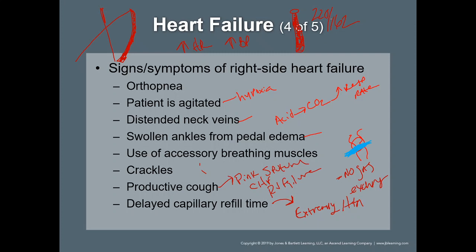And that's common. That's a common blood pressure for someone with right-sided failure. And that's how you know, too. If you're trying to figure out if you're dealing with a patient with asthma or a patient who's in congestive heart failure, palp their blood pressure. You don't even have to take the full blood pressure. Just get the systolic. It's going to be high, guaranteed high, and you'll know it's not asthma then.